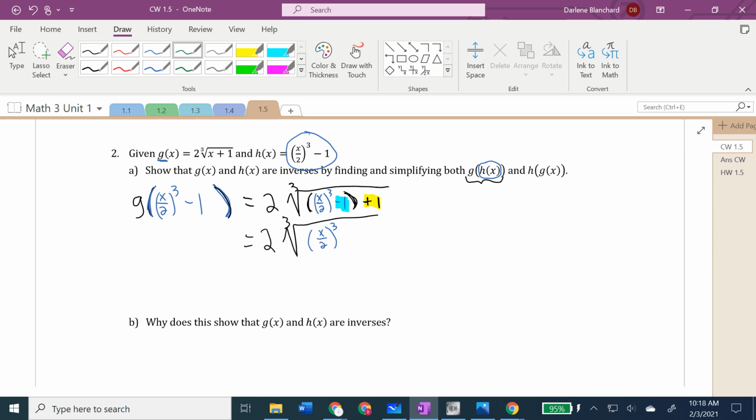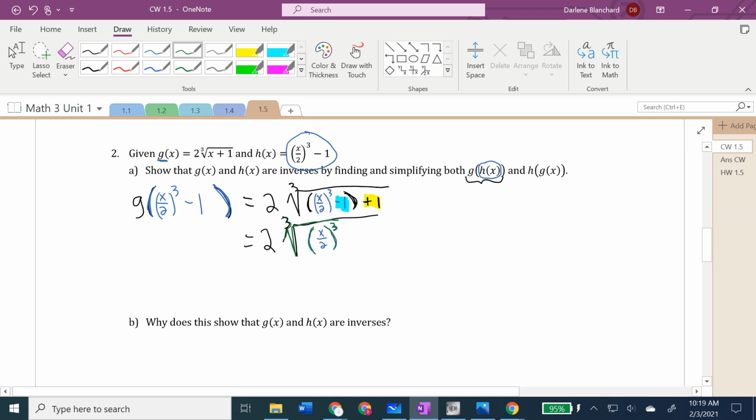Now I want you to notice that you do have a parentheses right here, and you have a third power. And right outside that third power, you have a cube root. When you look at your order of operations within an expression, if you have inverse operations back to back, they undo each other.